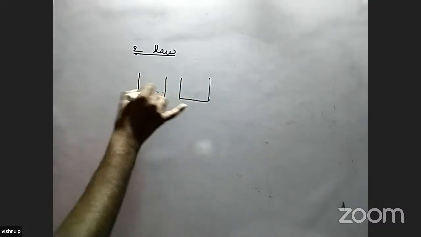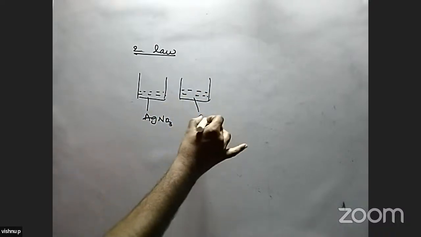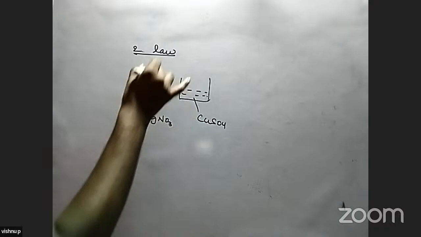And next is the second law. Faraday's second law. What is the second law? When different electrolytic cells are arranged in series, one electrolytic cell contains silver nitrate and the other contains copper sulfate.